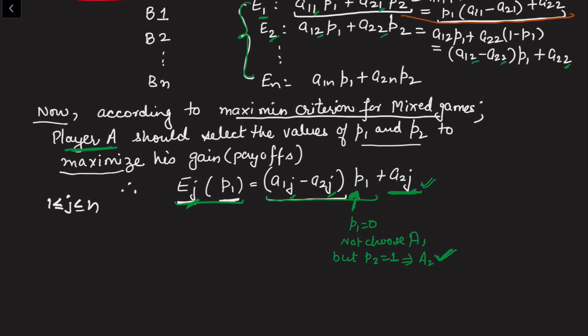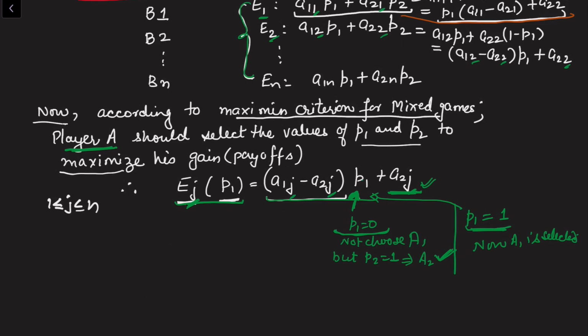And in a similar way, if I want to write this expression for P1 equal to 1, that is the other possibility of P1, in this case A1 is selected. Considering these two possibilities, I am going to draw the lines in the graph.